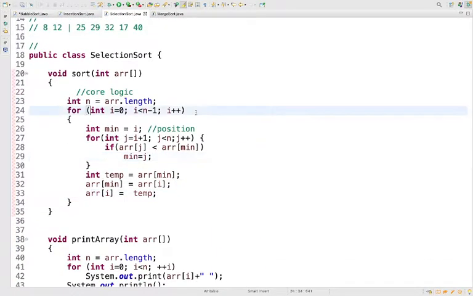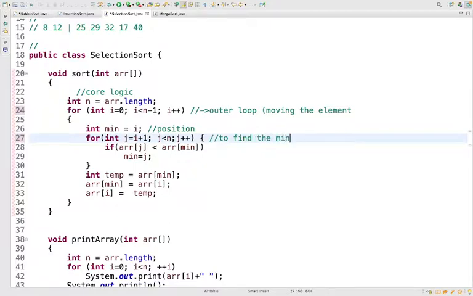So again, the outer loop is to move one position ahead in the array, so moving the element, and the second loop basically we are using to find the minimum value from the rest of the array.